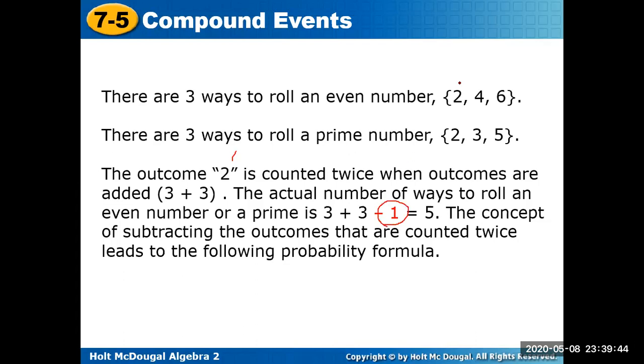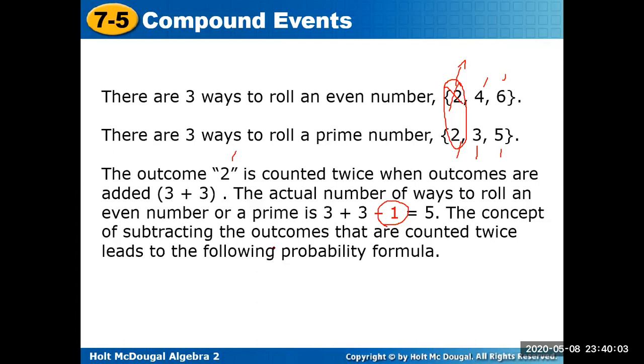Since it is the same number, we only have to count it once. So we have to remove one of the counts. So it's only the numbers 4, 6, 2, 3, 5. So there are only 5 numbers, not 6.